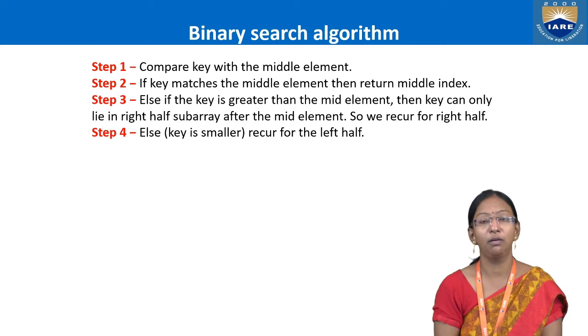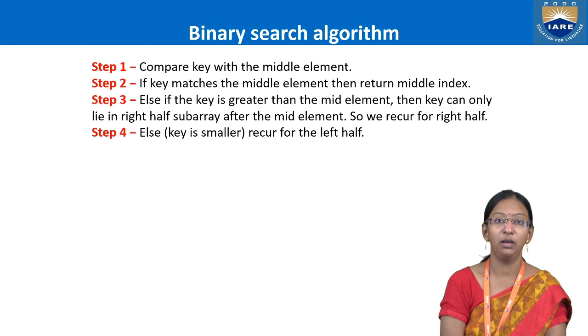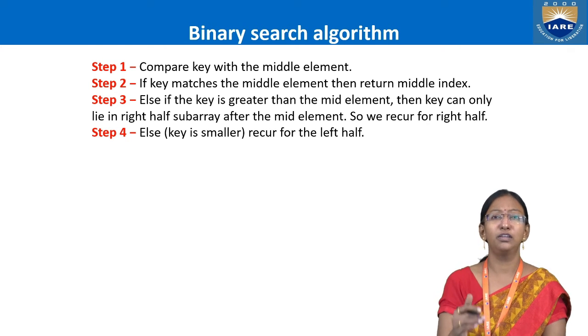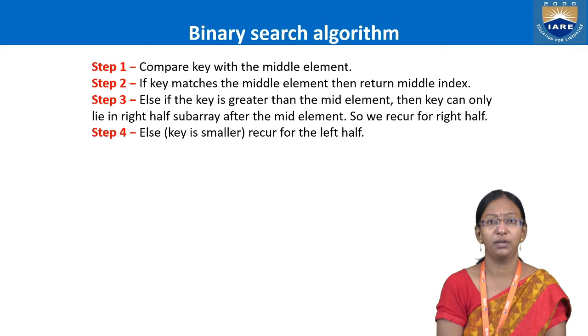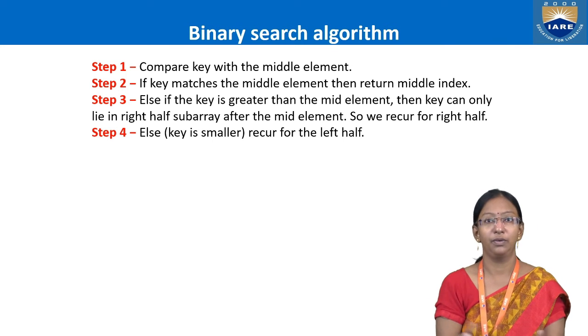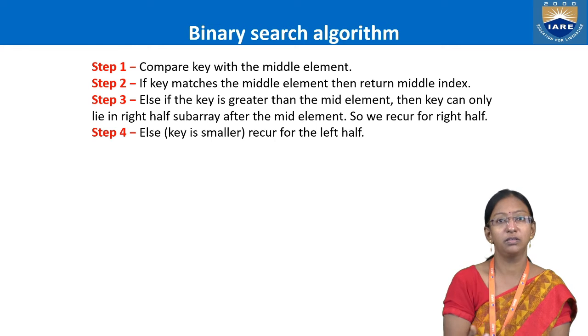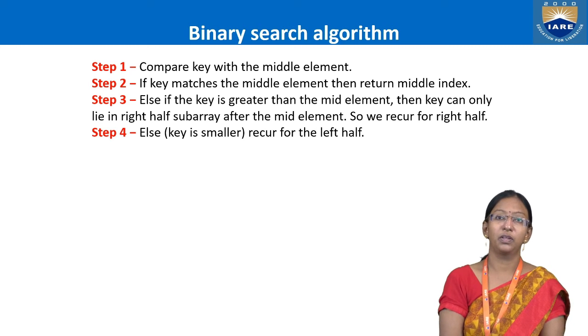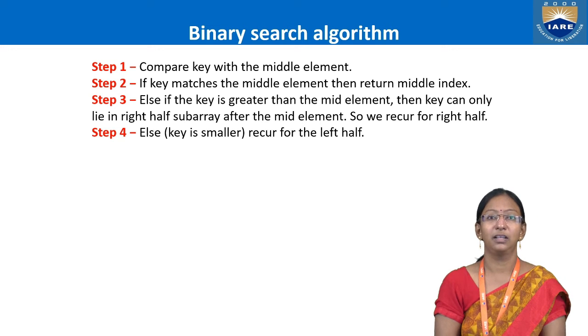Sorted, either ascending or descending. Either way is okay, but it must be sorted. Our task is to search for an element, right? So for that, whether it exists or not is the only point, right? So sort the whole list, then perform this operation, right?